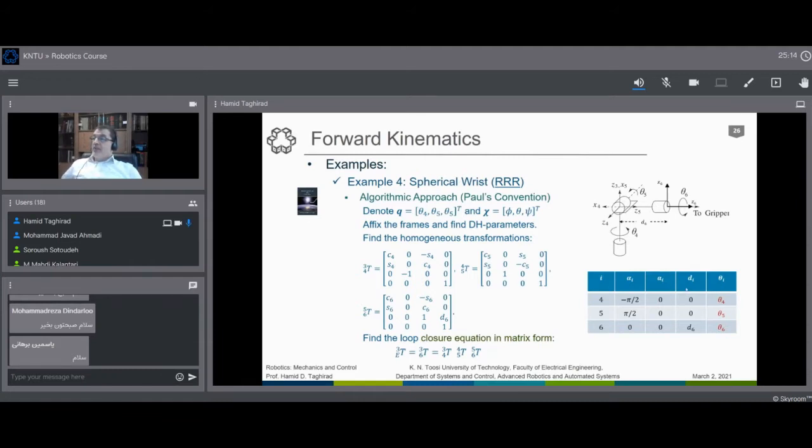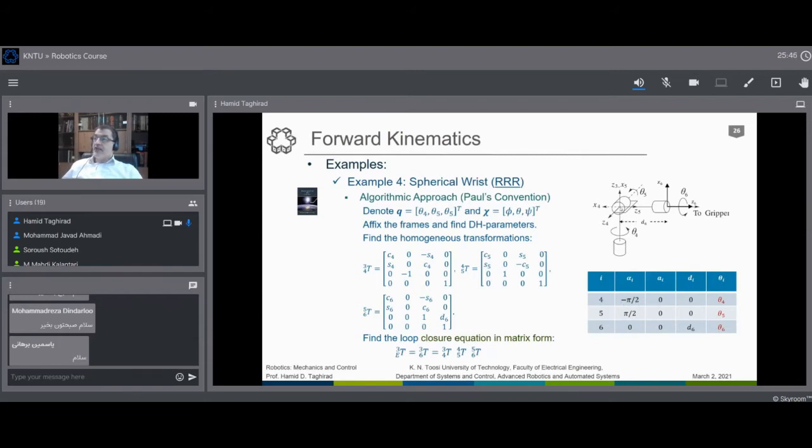But in terms of offset, we don't have any link length because all the axes are intersecting each other. This is a special manipulator. It is a wrist manipulator, so we don't have any link length here since we have intersecting axes. But the angles are always 90 degrees. But why minus 90 degrees, as you see here?